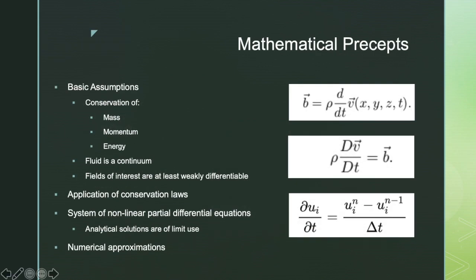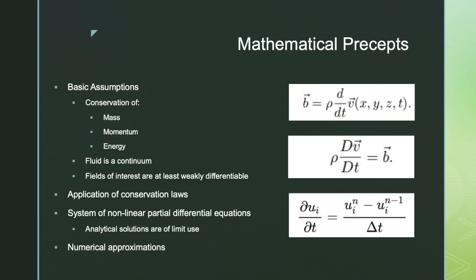There are a number of mathematical concepts and assumptions that went into the development of the Navier-Stokes equations. The basic assumptions in the derivation are that mass, momentum, and energy are all conserved. Conservation equations are developed for each of these quantities and are used in the development of the Navier-Stokes equations.